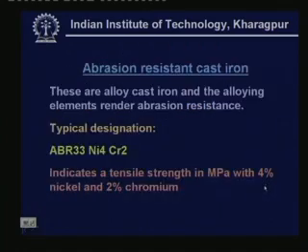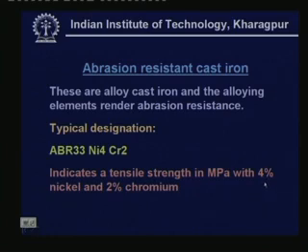We talk a little more about abrasion resistant cast irons, although we have seen them earlier, but we discuss this one separately. These are again alloy cast irons, and the alloying elements render abrasion resistance.